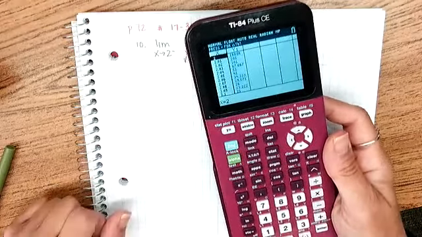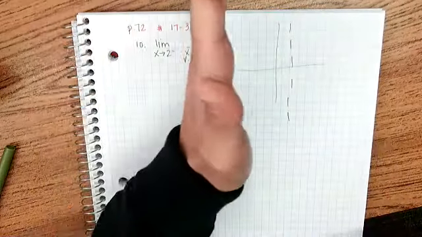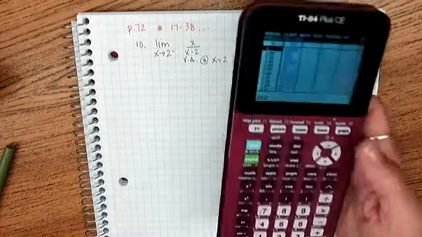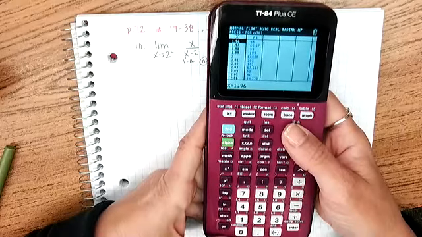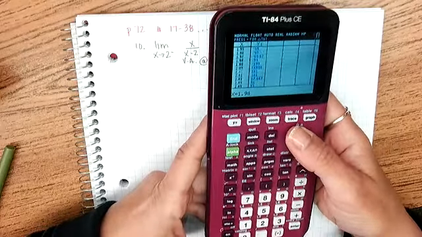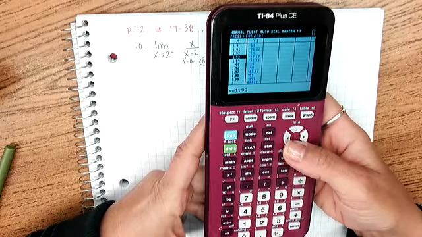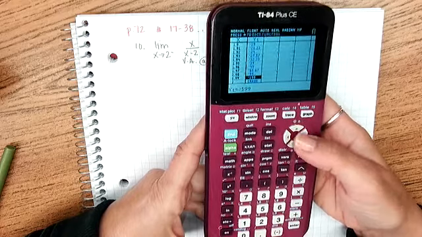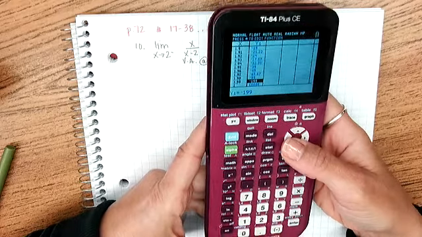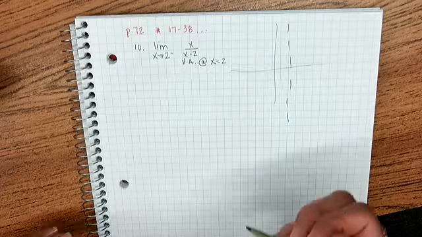As I'm approaching 2 from the left, that means negative values, 0, 1, positive values. I'm just going to go back to 1.9. Getting closer and closer to 2, those y values are getting bigger in the negative direction. So when the book tells you to use tables and graphs, this is what they mean. So it's negative infinity.